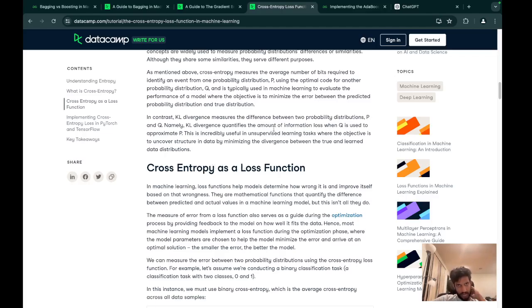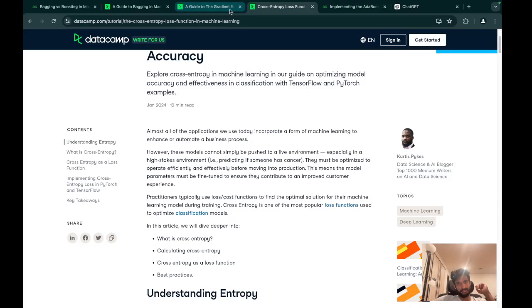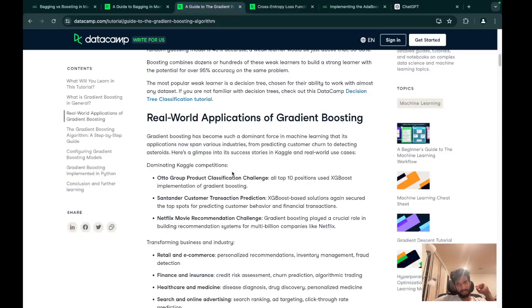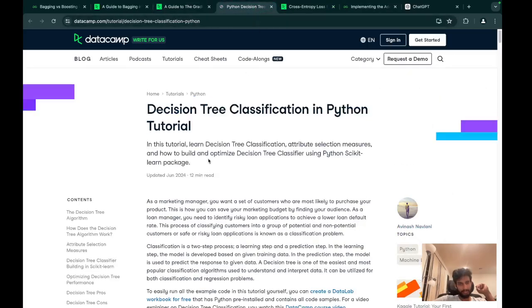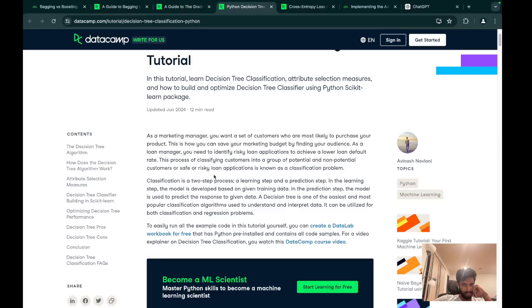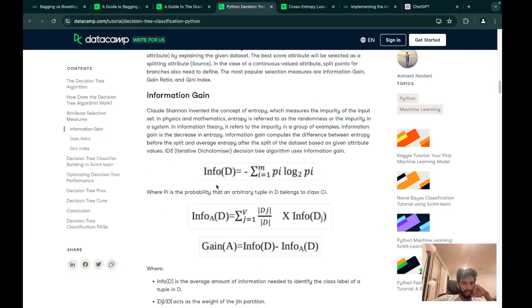Hmm. I'm kind of thinking about whether I remember how decision models work in the first place. It's a complete classification tutorial. Information gain.